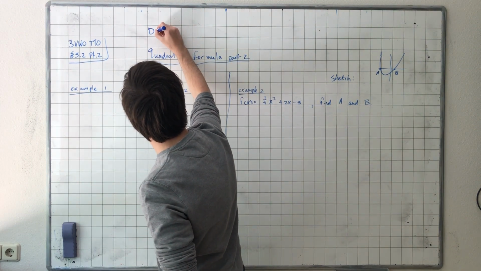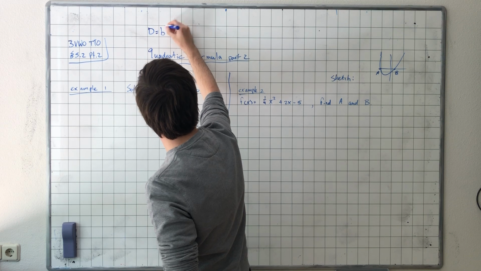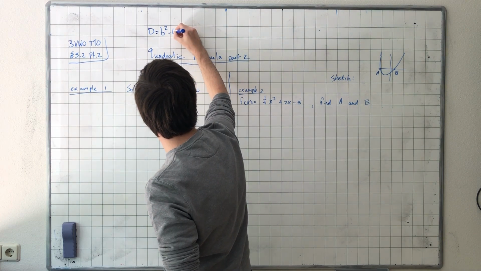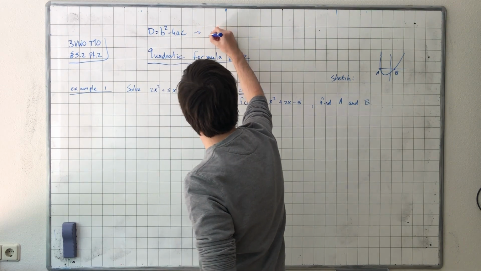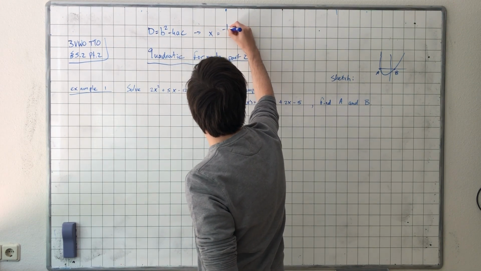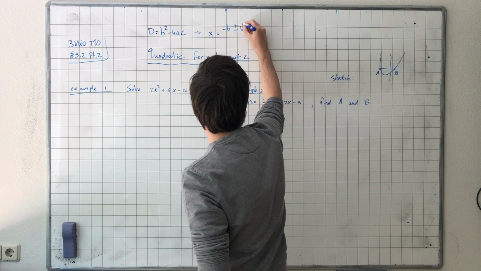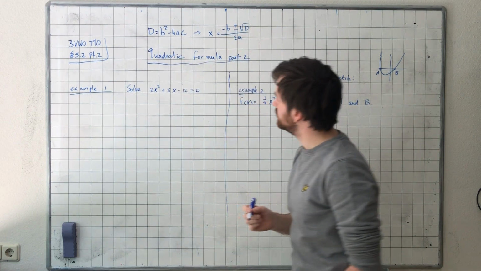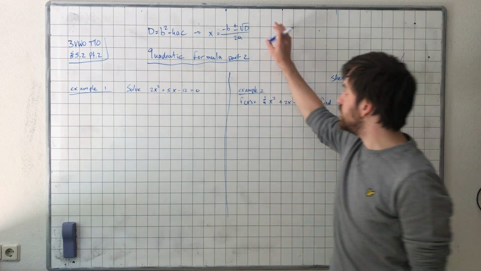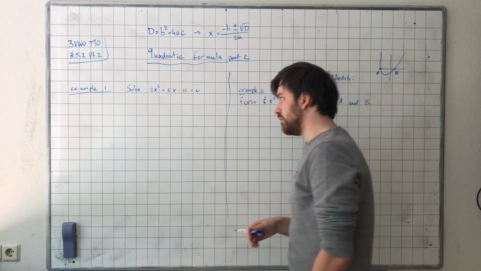The first part is to calculate a discriminant with the formula d equals b squared minus 4ac, and then you can calculate x with minus b plus or minus the square root of d over 2a. And we're going to use this to solve our equation.